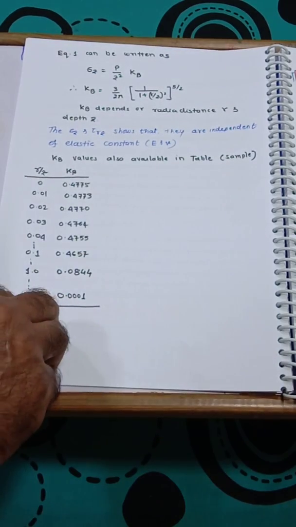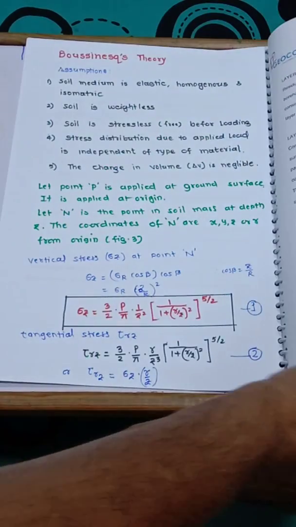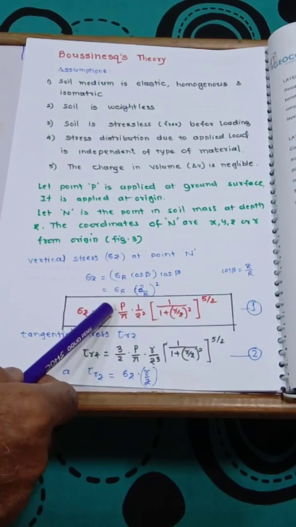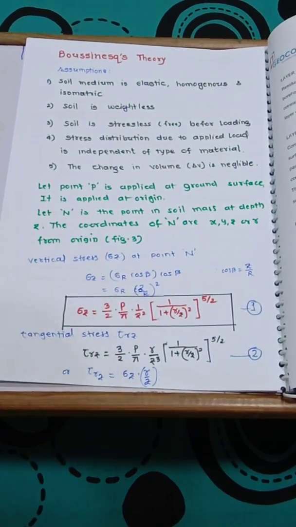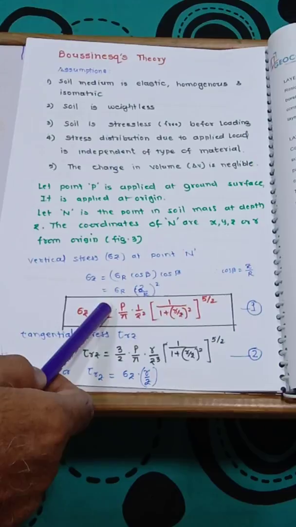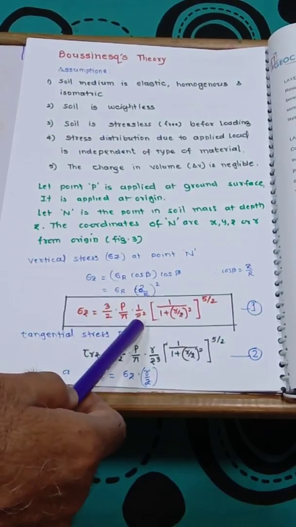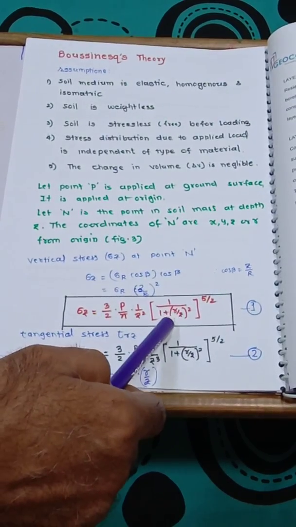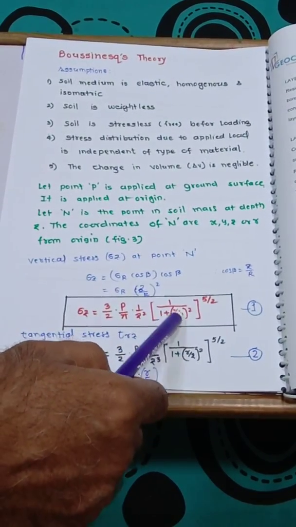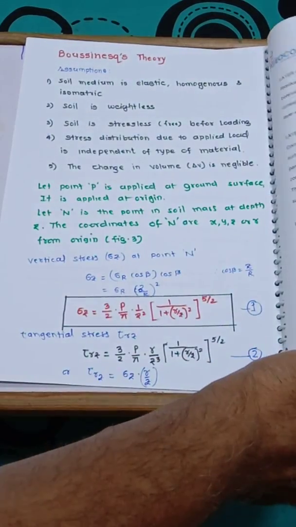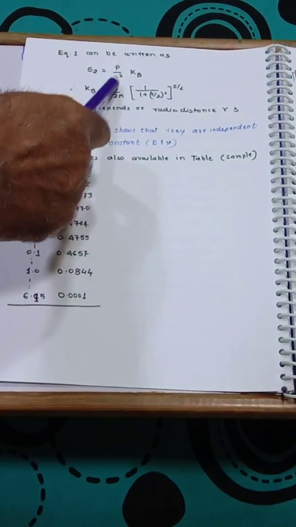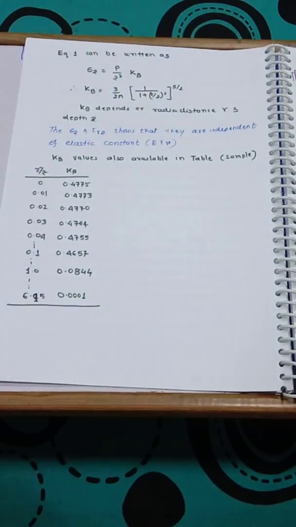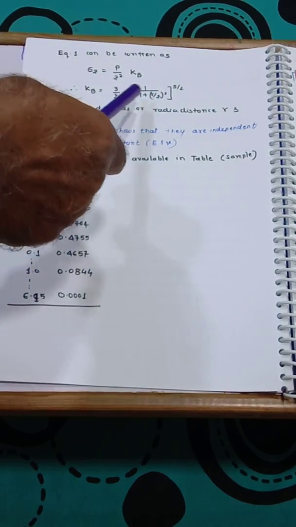If you see this equation earlier, if I take P and z outside, because P is the applied load and z is also a variable, the other things depend almost entirely on the ratio r/z. So if I separate P/z², the remaining part I can write as an influence factor called Kb, b because of Boussinesq.